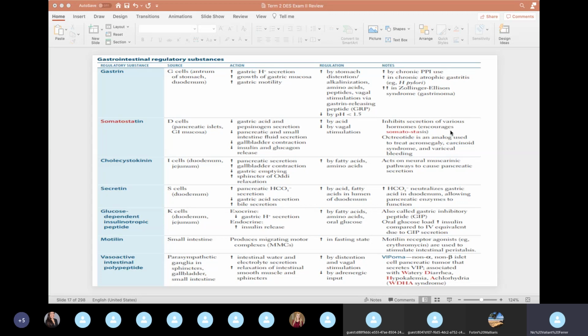Aside from gastrin, how am I going to regulate acid secretion in the stomach? Aside from gastrin, give me another pathway. There are 3 pathways. So gastrin is one. What's the other one?